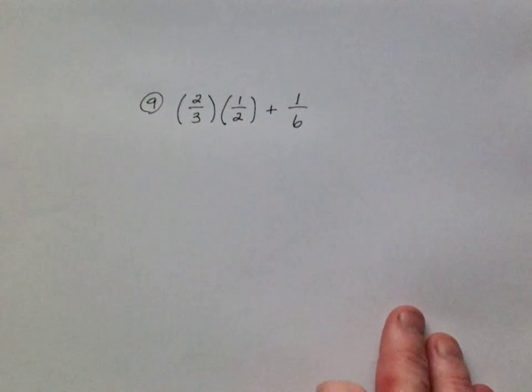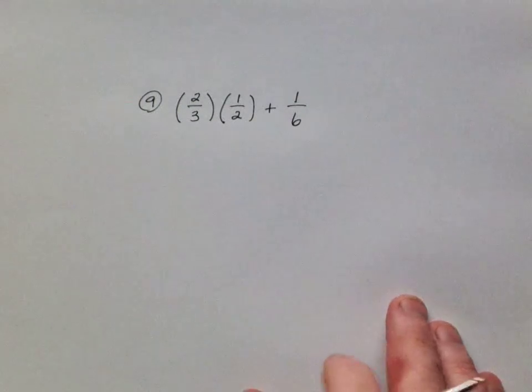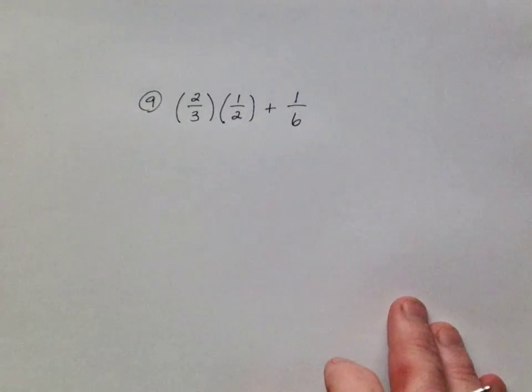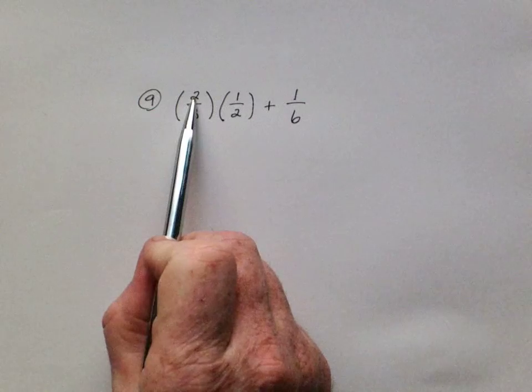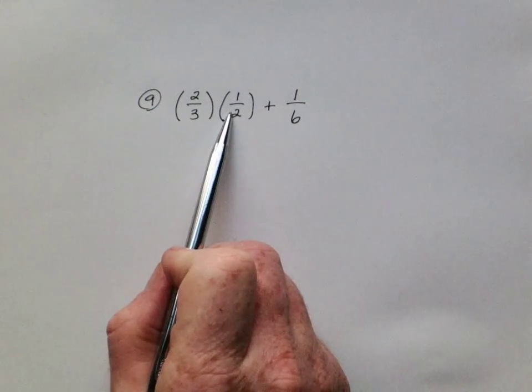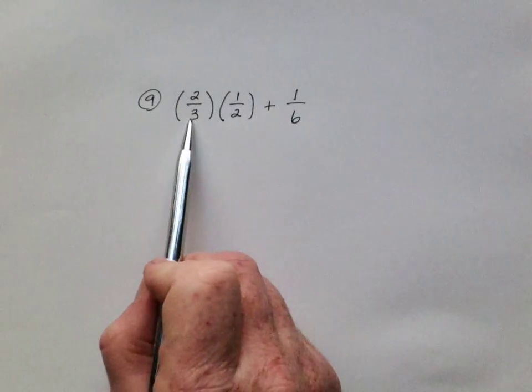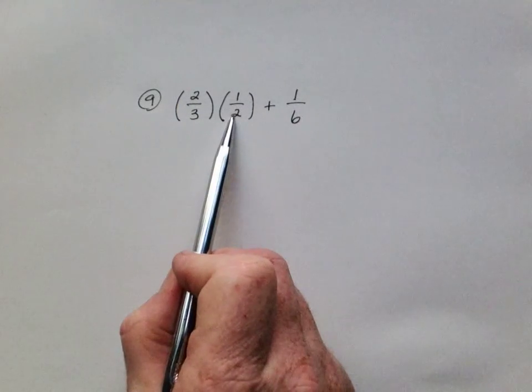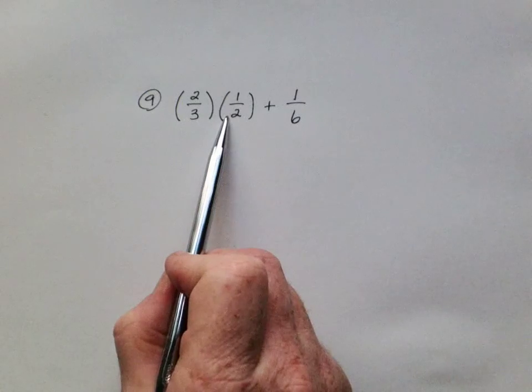Okay, just 2 more to go. So with this, in the last 2 problems, I said, well, go ahead and reduce. But with this one, I'm not going to do that. The reason is, if I multiply across, then I get a 6 in the denominator.